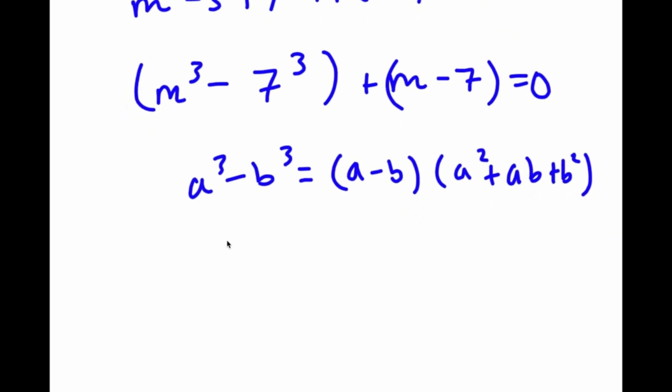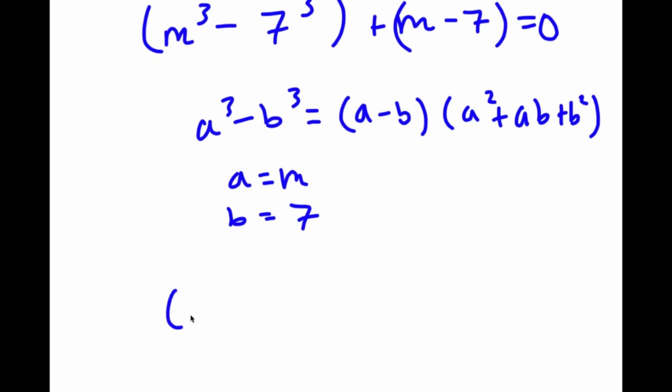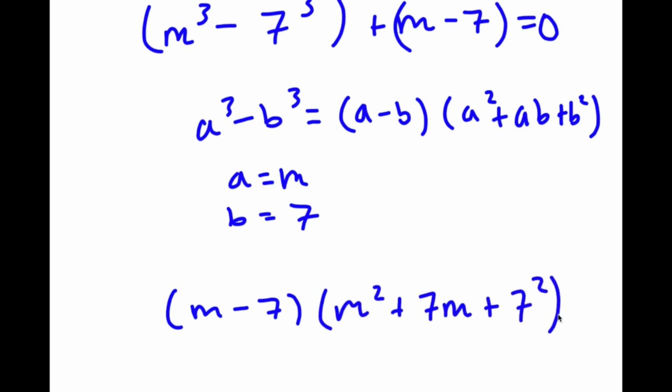So in this case, a is m and b is 7. So I have m minus 7 times m squared plus 7m plus 7 squared.